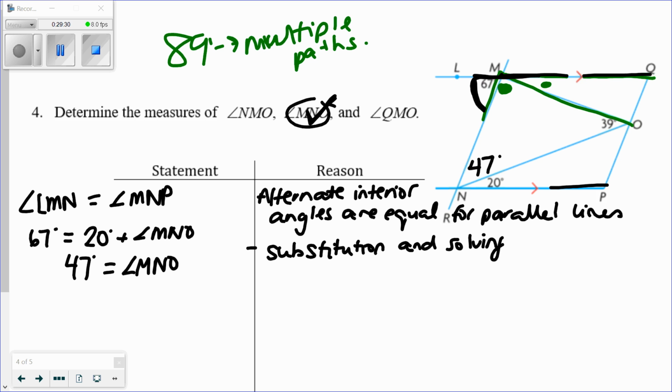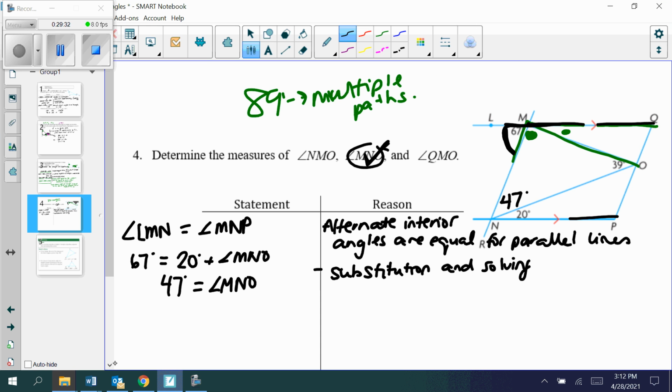So what I was thinking about now is this triangle that I'm drawing in red. I have this angle equal to 47 degrees, this angle equal to 39 degrees. I can pretty easily figure out the third because the interior angles add up to 180 degrees.